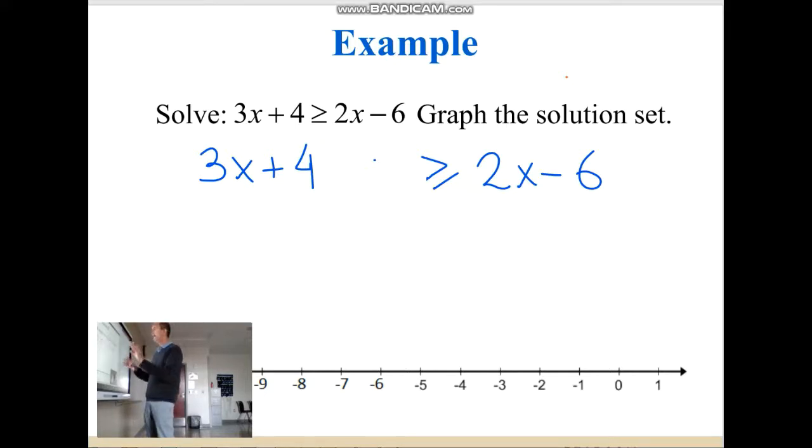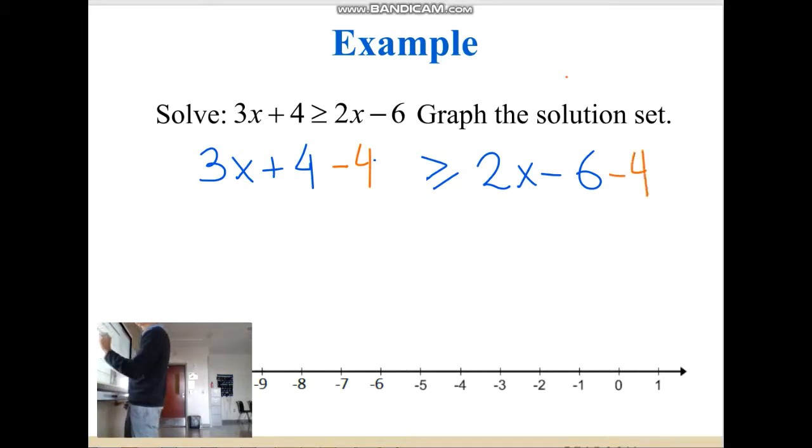Here it is going to be the same. Let's subtract 4 on both sides, so we can get rid of this 4 here.